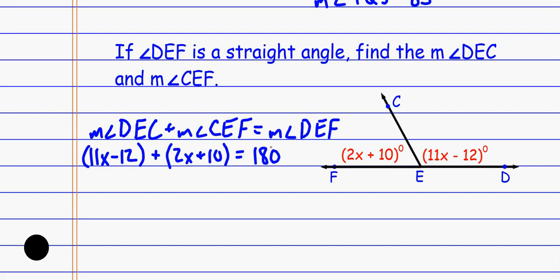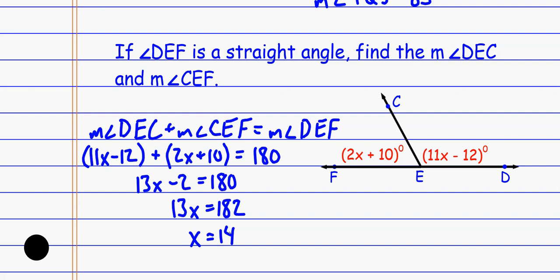Now we can easily solve for x. I combine some like terms. That's 13x minus 2 equals 180. I add that 2 to each side, so I get 13x equals 182. Then I divide each side by 13, so I get x equals 14.